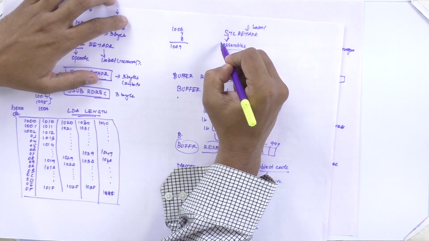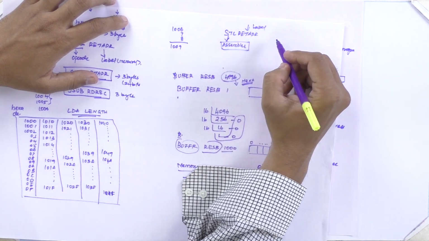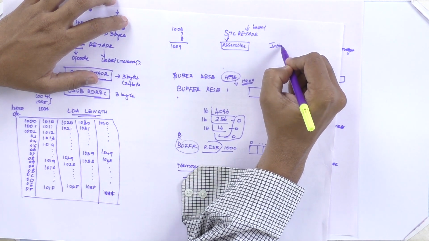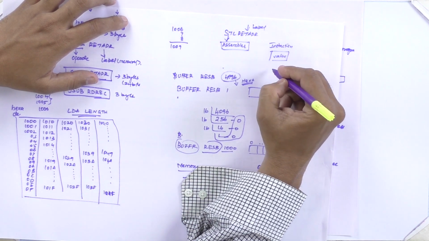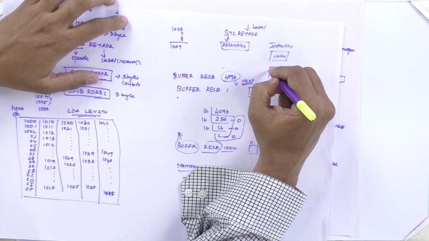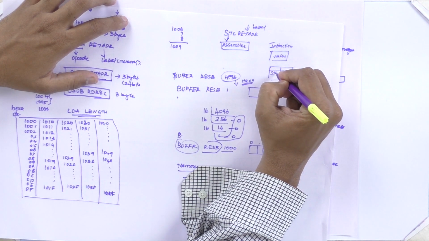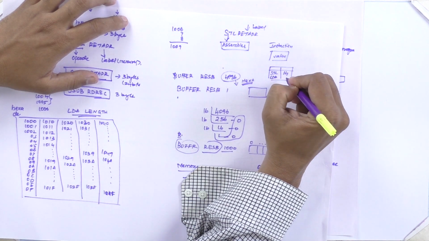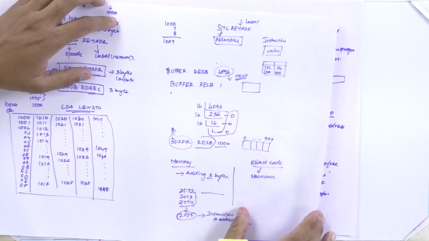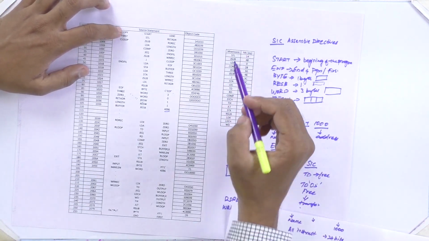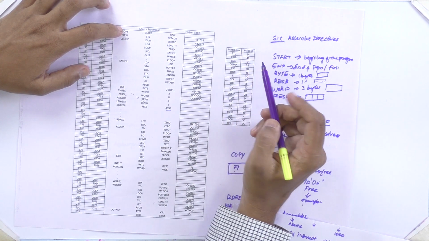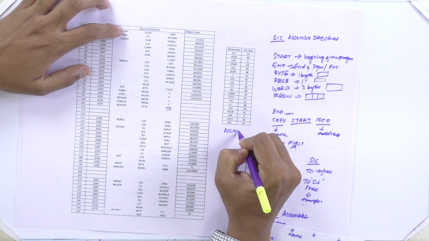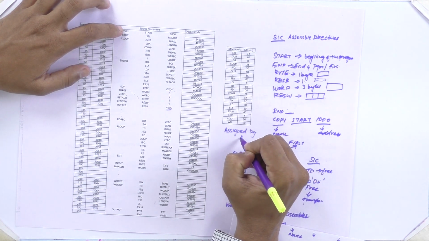For each instruction code, the assembler has given some values. While they are designing the assembler, there will be a table for that. For STL they will give some value like 14. Suppose you have LDA, that will be given as 00. We will see that. Consider the program. Here I have the mnemonics, and for each mnemonic this value is assigned by the assembler.